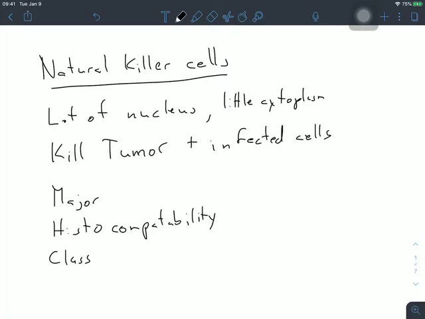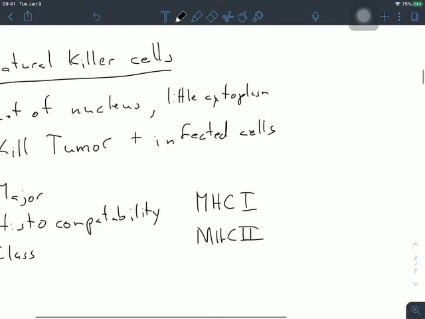And there are different MHC groups, like MHC1, which are the ones that they're oftentimes using, and then MHC2s, which are used by helper T cells. More on those in a few.